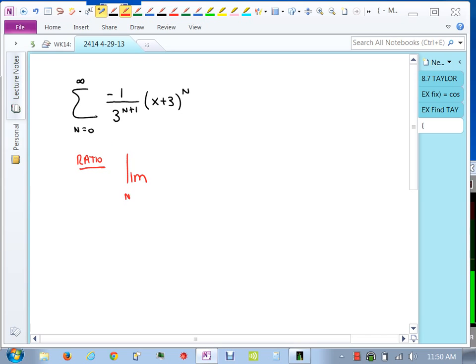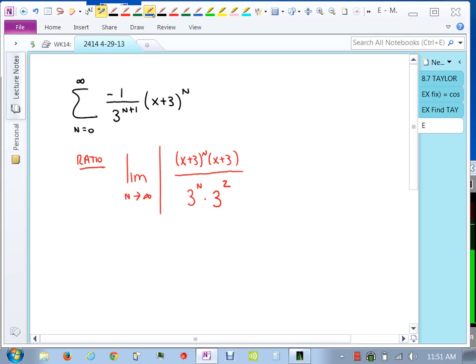Limit as n goes to infinity, absolute value. How can I write this? How about (x plus 3) to the n times (x plus 3) over, and then a negative, right? The negative 1 is gone. Absolute value is going to kill it off anyway. 3 to the n plus 2, which is really 3 to the n times 3 squared.